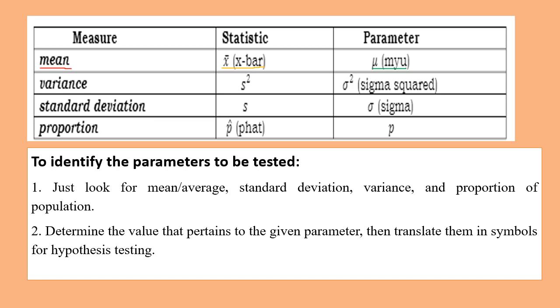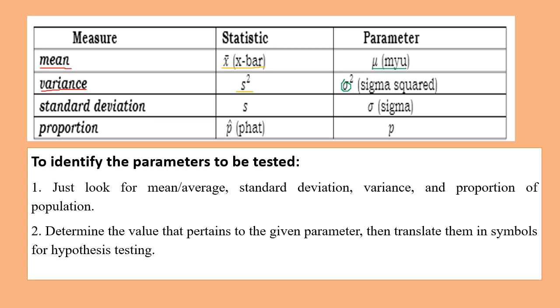When we say variance in statistics, that is the symbol S squared. In parameter, it is what we call sigma squared.